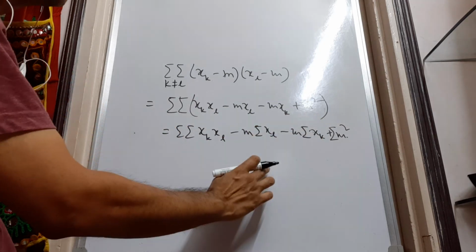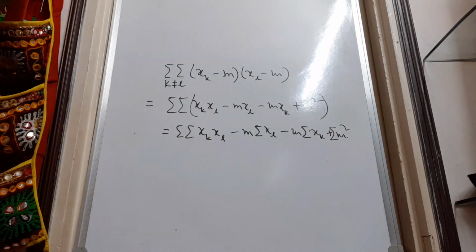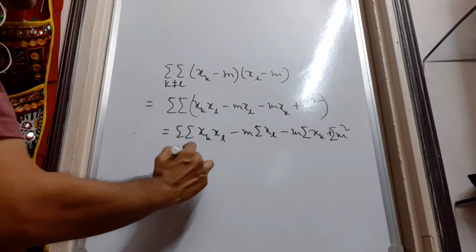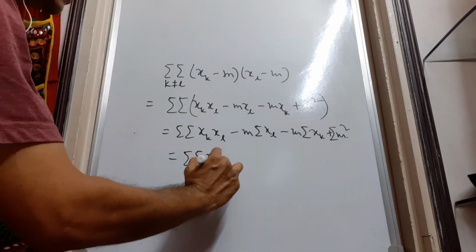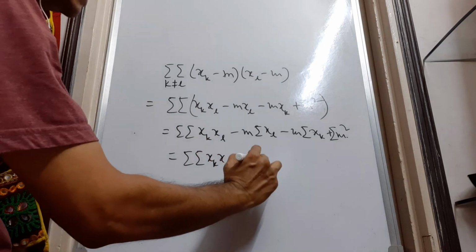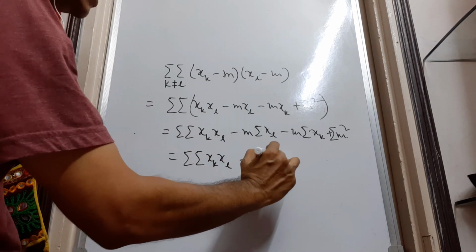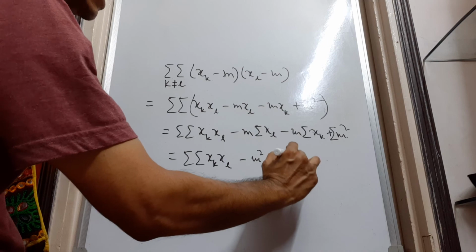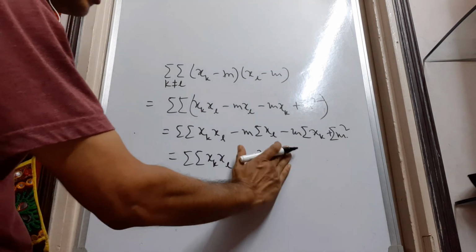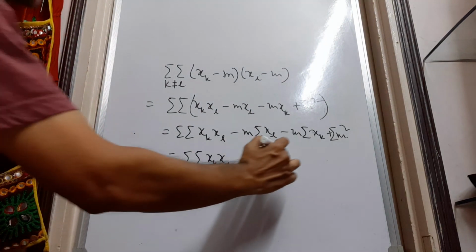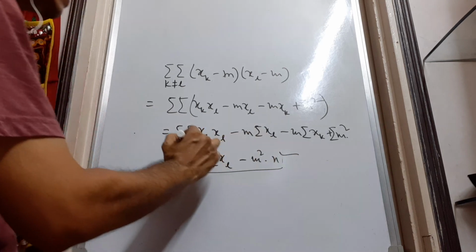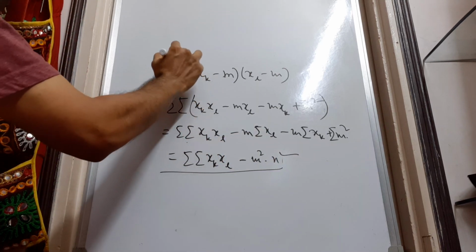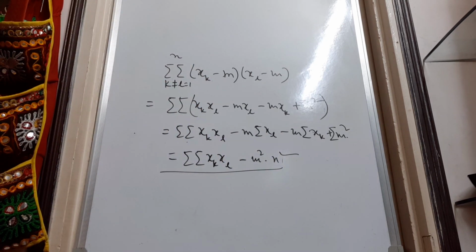This is also minus m square into n, and this is plus m square n. So we can write it as minus m square into n or capital N, whatever you write. In case of sample, we have small n, because this k and l run from 1 to small n only, isn't it so?